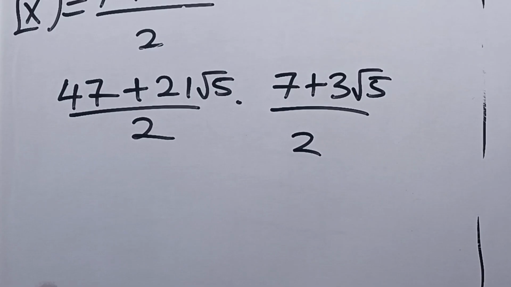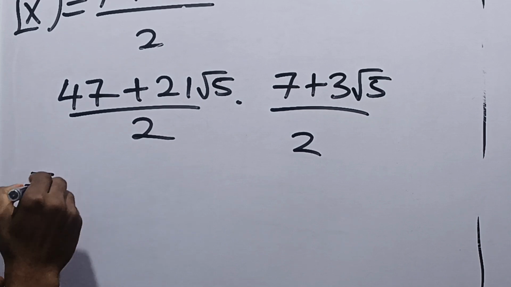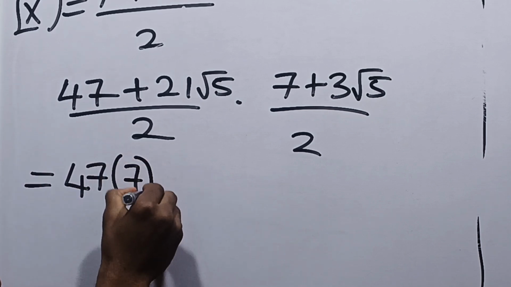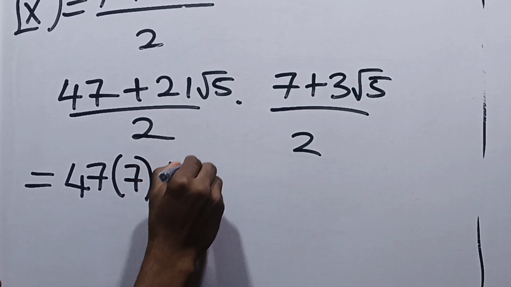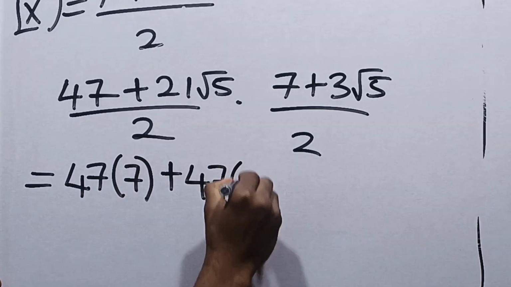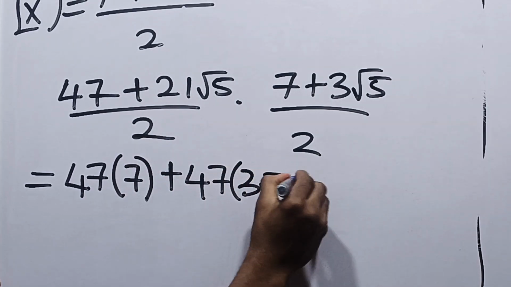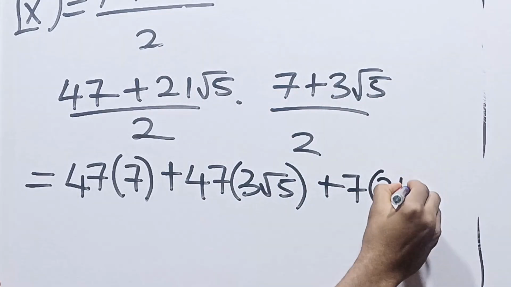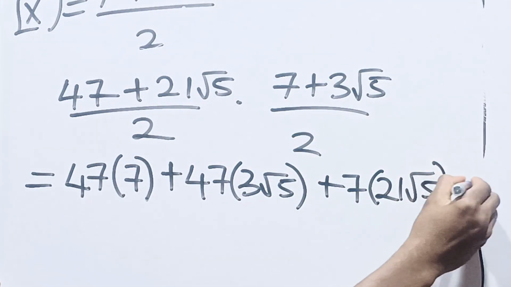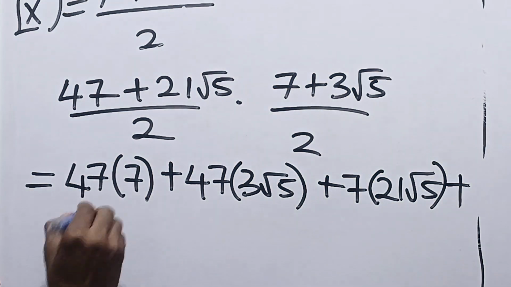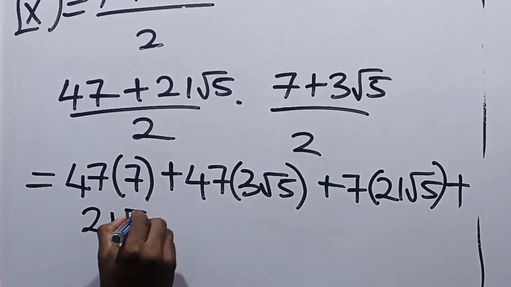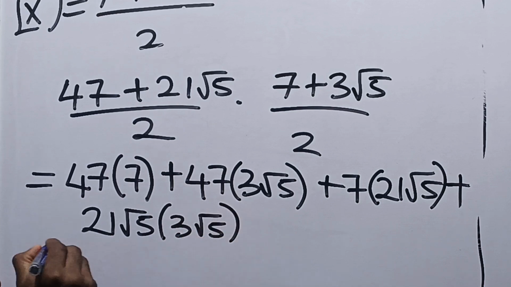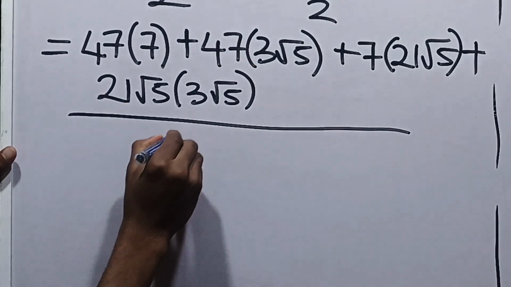Now moving on from here, multiplying this becomes equal to 47 multiplied by 7, plus 47 multiplied by 3 root 5, plus 7 multiplied by 21 root 5, plus, the last number is 21 root 5 multiplied by 3 root 5, divided by 2 times 2 is 4.